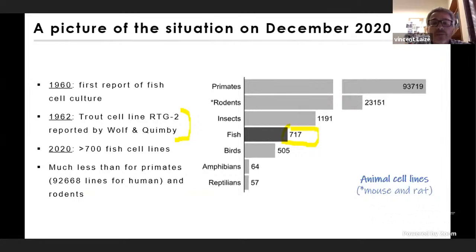That number is kind of high if we compare with the other vertebrates, which are amphibians and reptiles, but it's much smaller if you compare to primate and especially human cells, which account for more than 92,000 cell lines, and rodents.